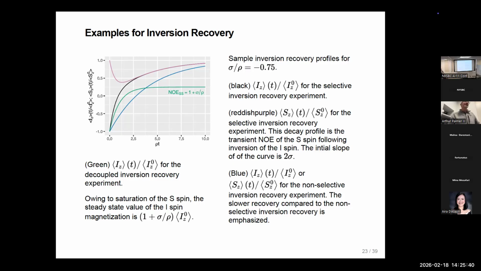Even if you did selective inversion recovery, that would be quite fast, because in selective inversion recovery there's a huge bath of spins at Boltzmann equilibrium available to do spin flips.